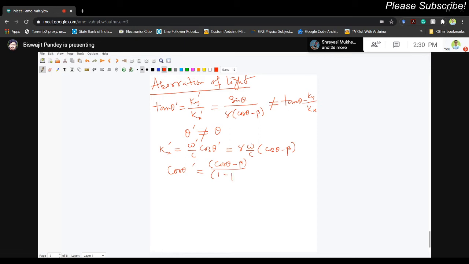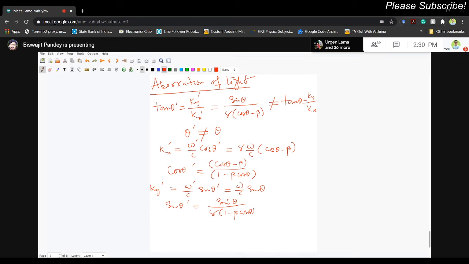Similarly, ky prime is omega prime by c sin theta prime, which is nothing but omega by c sin theta. So sin theta prime will be sin theta divided by gamma times 1 minus beta cos theta.